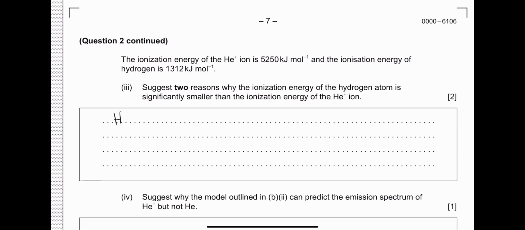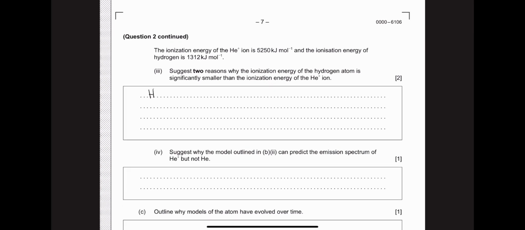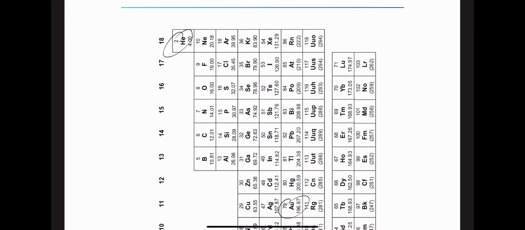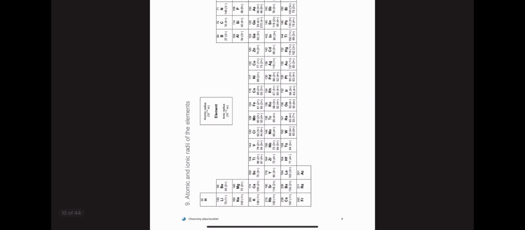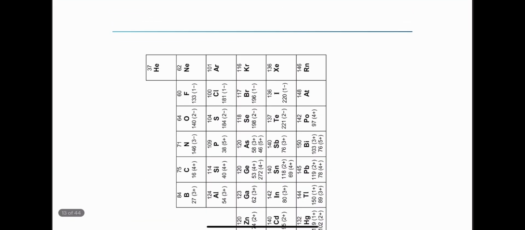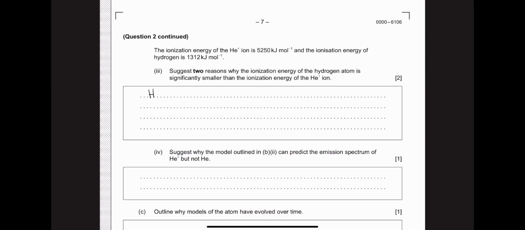First thing that you generally think about is the atomic radius, right? So you have your data booklet. If you can't think of it on the spot, just take a gander, right? So hydrogen 32, helium 37, right? What does that tell us?